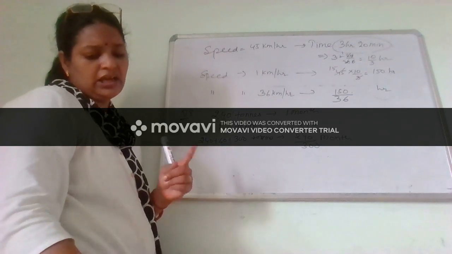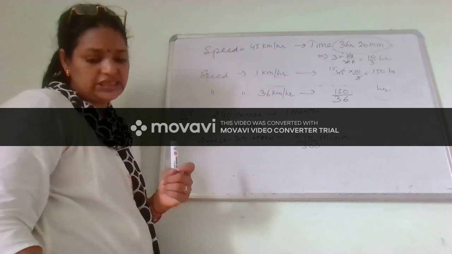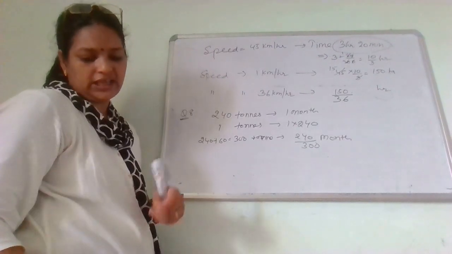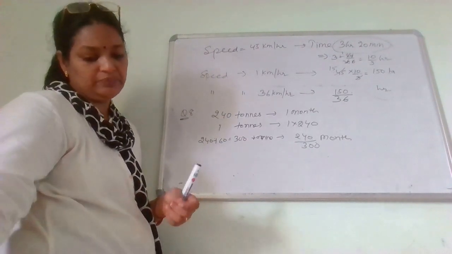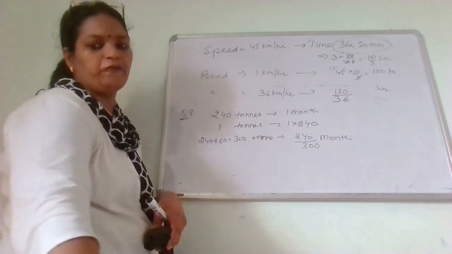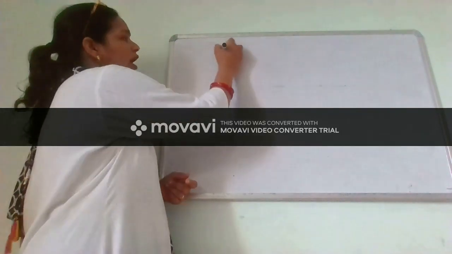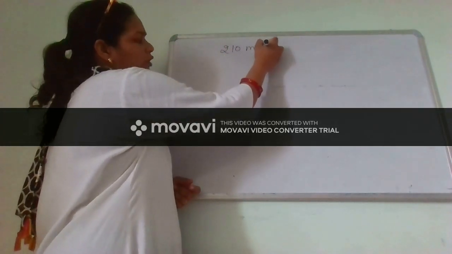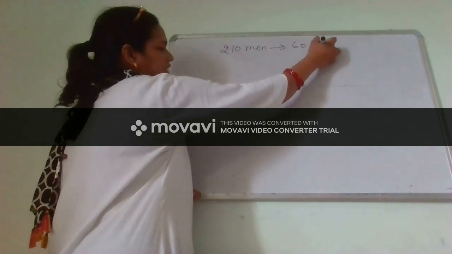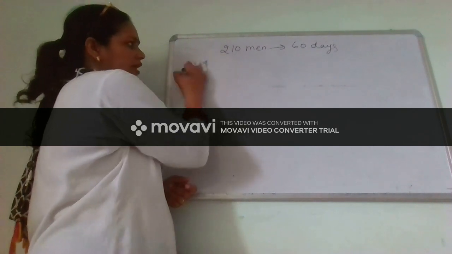It is said a contractor employed 210 men to build a house in 60 days. After 12 days, he was joined by 70 more men. In how many days will the remaining work be finished? So here 210 men are doing their work in 60 days. They work for 12 days, right?